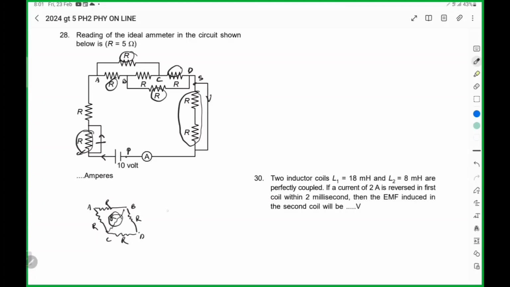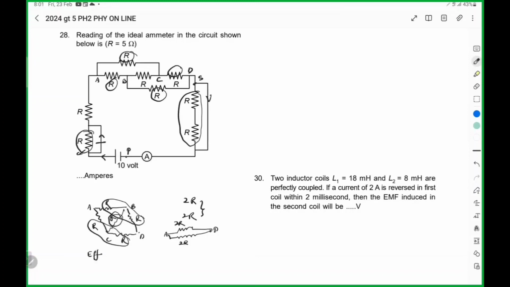You can remove this. Then these two are in series. Effective resistance 2R. So these two are in series, 2R. Since they are connected in parallel between A and D, two equal resistances are connected in parallel.